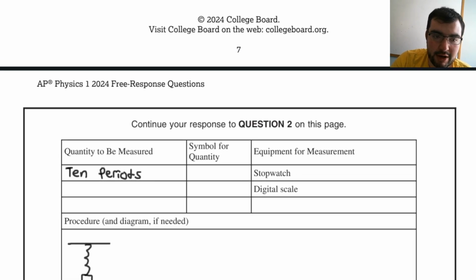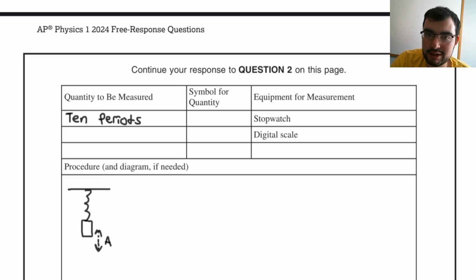So this is one way to reduce uncertainty. If you just said the period, I'm sure that's fine. This is just one of my ways of reducing experimental uncertainty. So I'm going to call this T10 because measuring one period could be tricky. So I'm going to measure 10 of them.